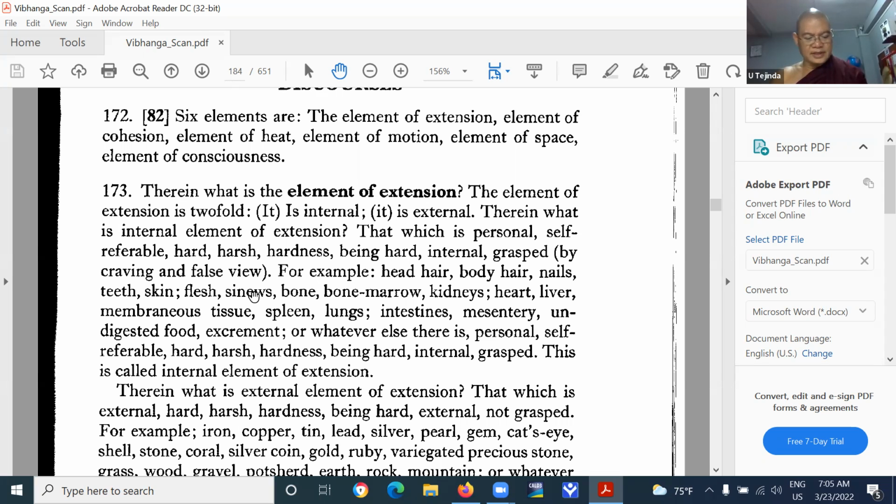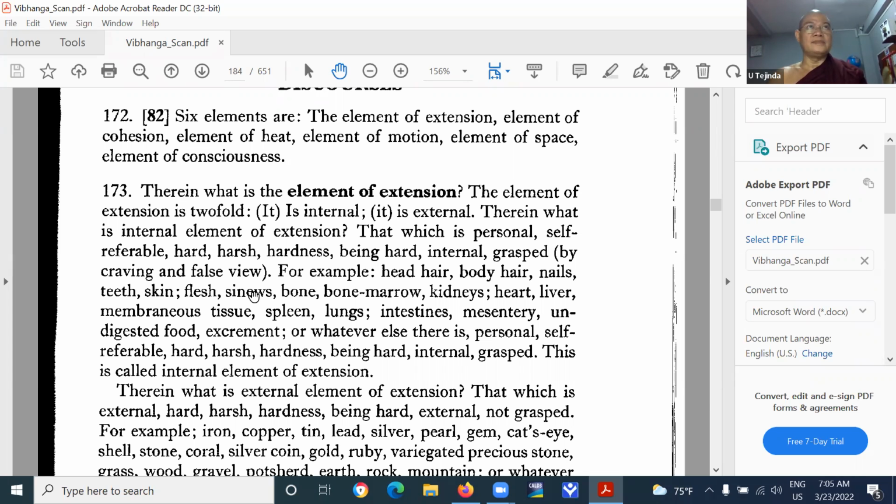So here, ajjhattam upadinnam. We will discuss upadinnam again according to the Atthakatha. What is upadinnam? Here, ajjhattam upadinnam. What is called internal here is referred to as upadinnam.